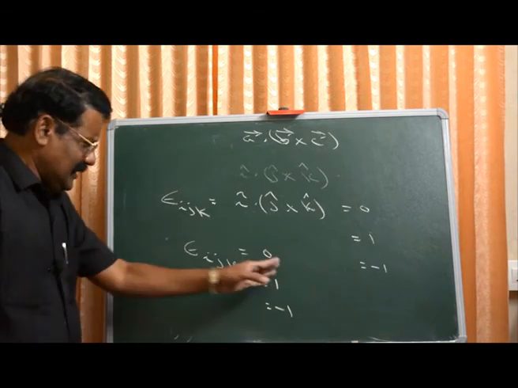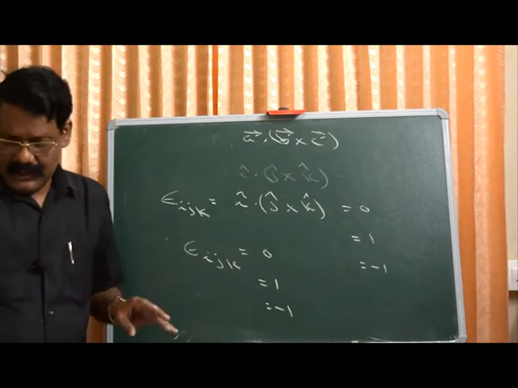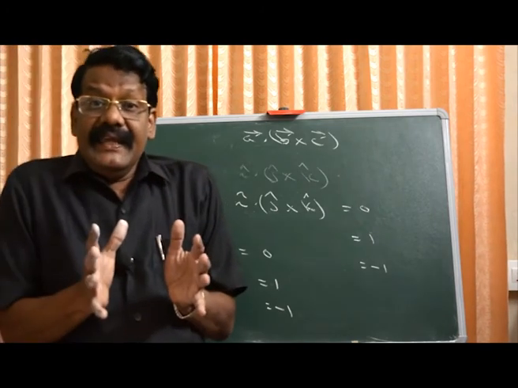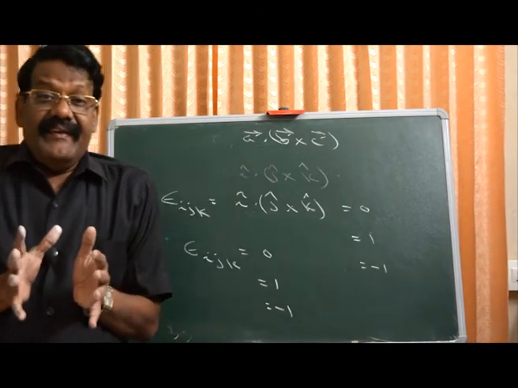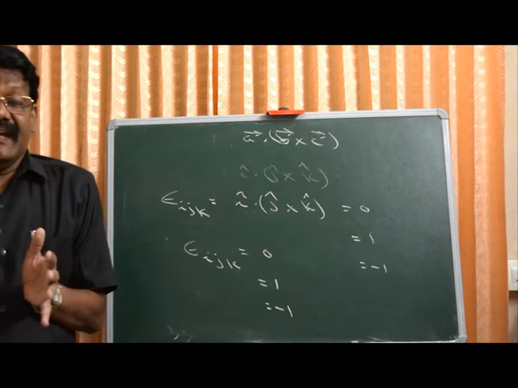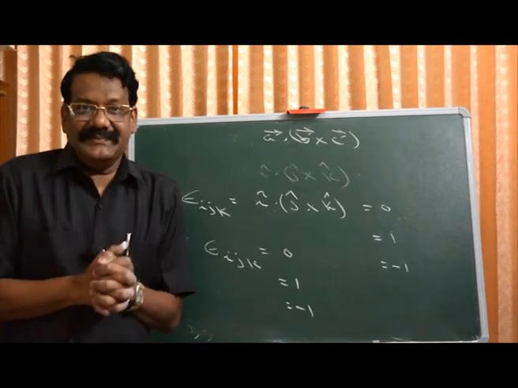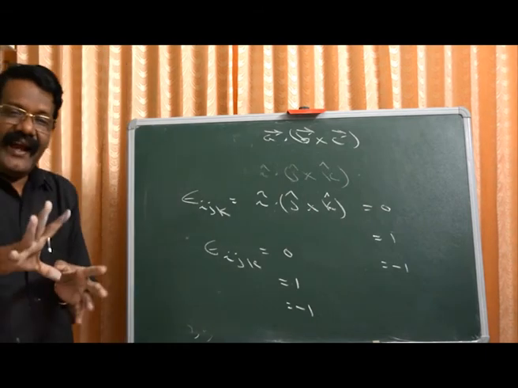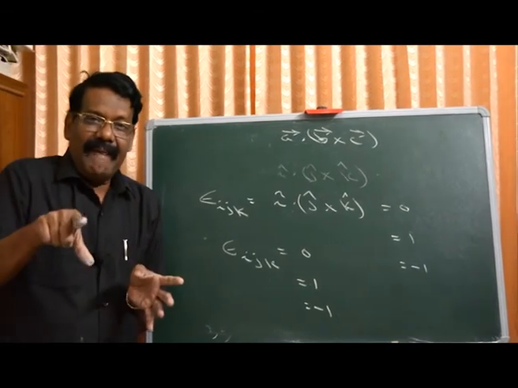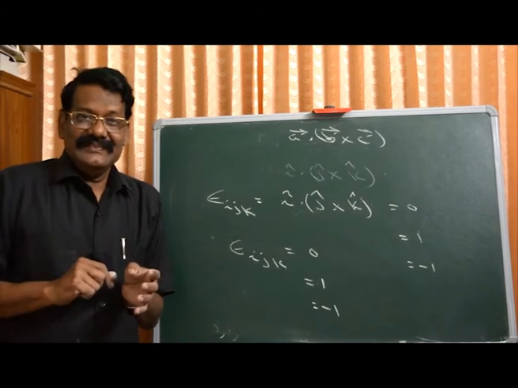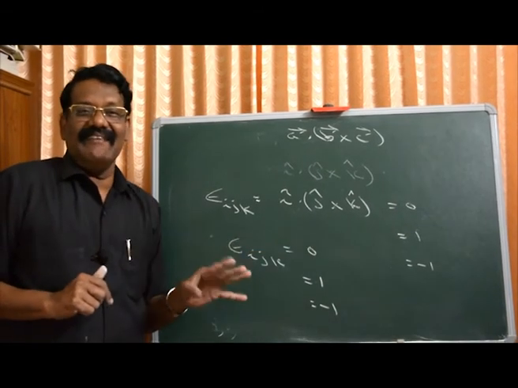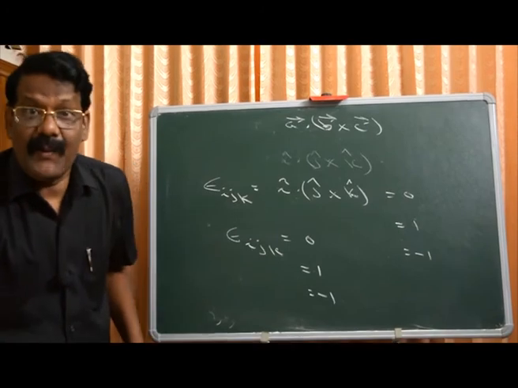I am not going into the details of this. It's a very simple thing. So collectively, epsilon ijk is an entity having 27 components called a tensor. Formerly, I introduced a tensor having 9 components. Now this fellow is having 27 components.